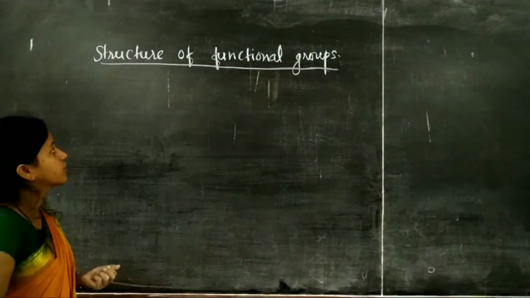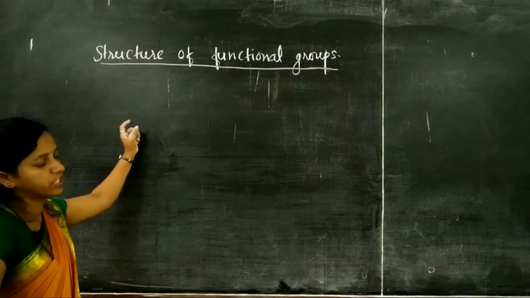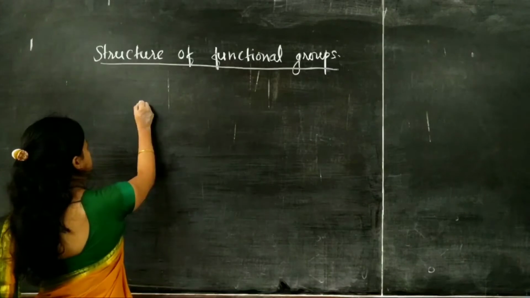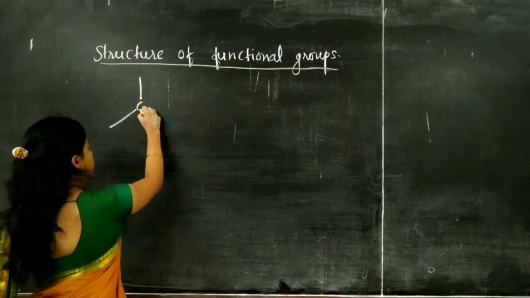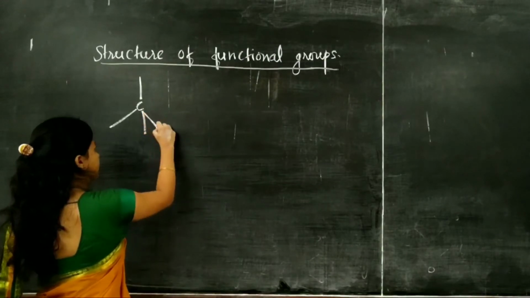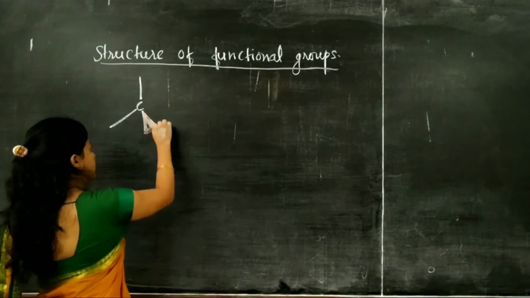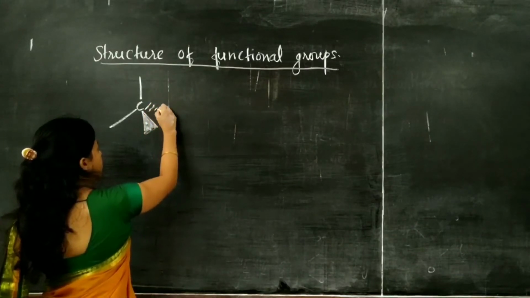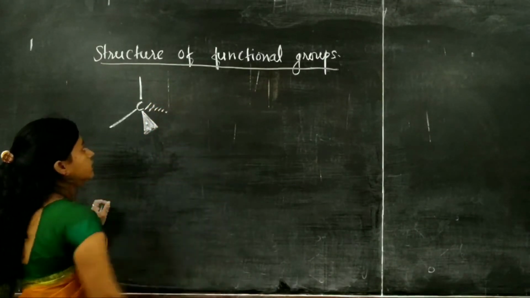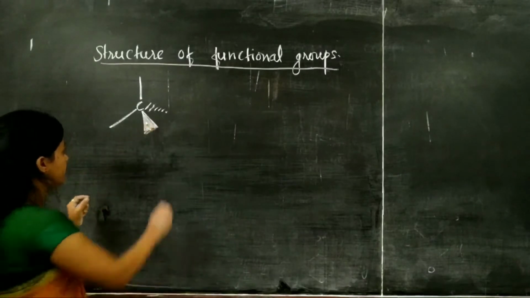In case of the structure of a functional group, carbon has a tetrahedral structure, where this we write in a solid line here, and which goes away from the observer, so this we write as a dotted line.